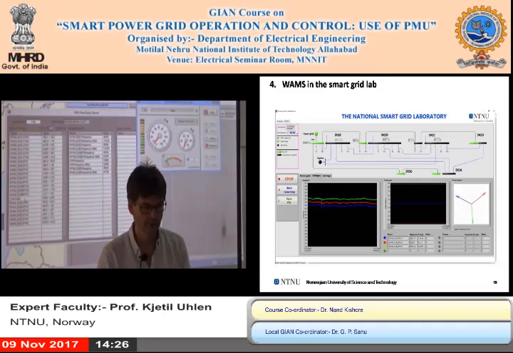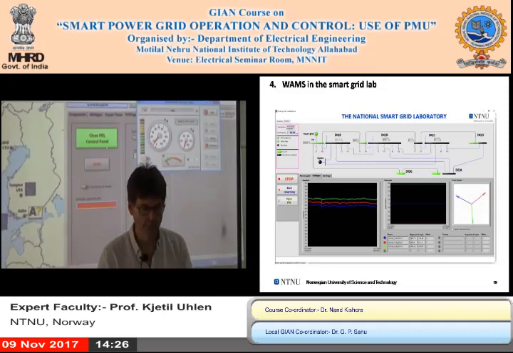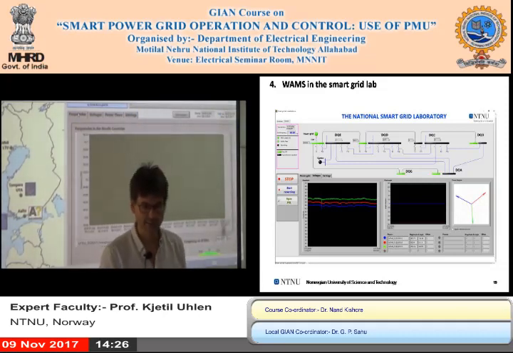We used to have something from Lund, but it's not working right now. So we only have our own voltages now. But at least you see that we are able to monitor, even though I'm here in India, I can monitor our power system back home in real time, even though the communication is a bit slow right now.